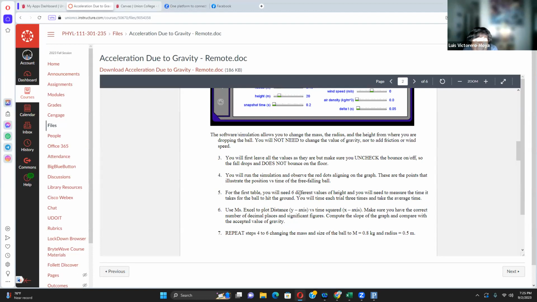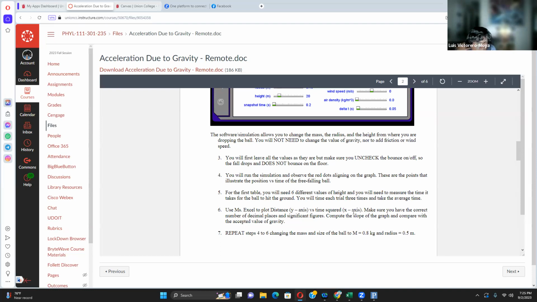You are going to use at least 6 different values of height, and you will need to measure the time it takes for the ball to hit the ground. And then you're going to plot distance in the y-axis versus time. Yeah, so this one you are going to be plotting y versus time squared. And then the slope of the line will give you the value of gravity.